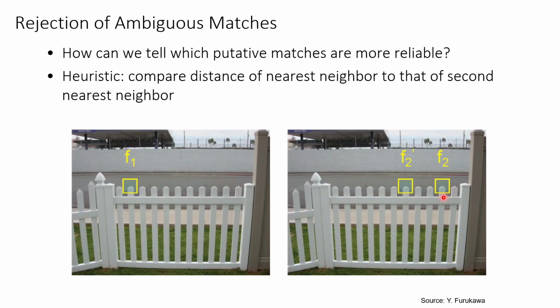Heuristically, to say that putative matches are reliable, compare the distance of the nearest neighbor to that of the second nearest neighbor. If you want to know more about this, refer to the David Lowe paper, this famous 2004 paper.